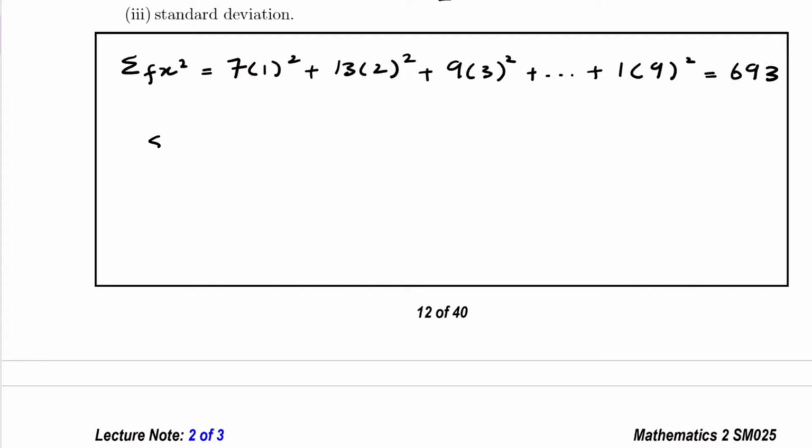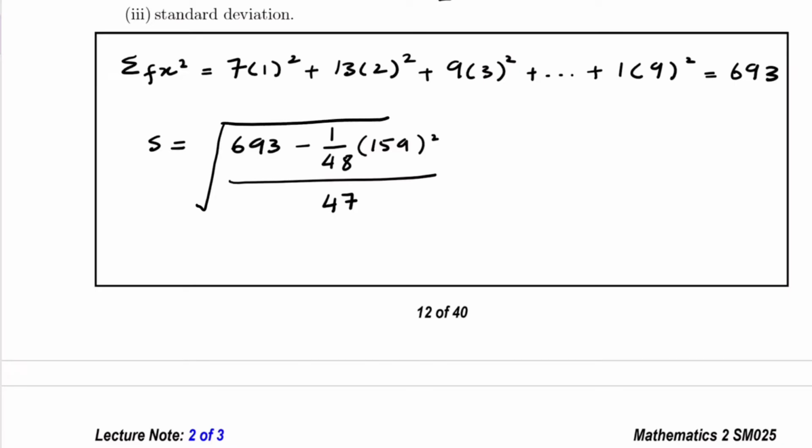So the standard deviation is the square root of 693 minus 1 over n, which is 1 over 48, times the total of fx, which is 159 squared, over n minus 1, which is 47. So we have to put a square root over all of this to get the standard deviation, which is 1.881.